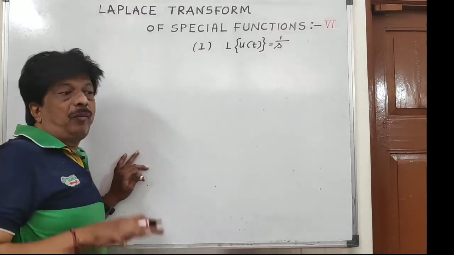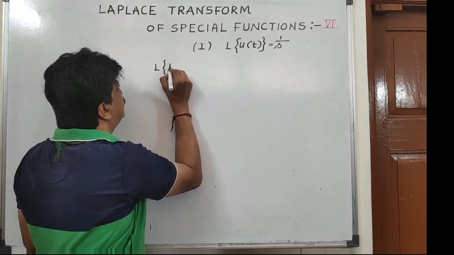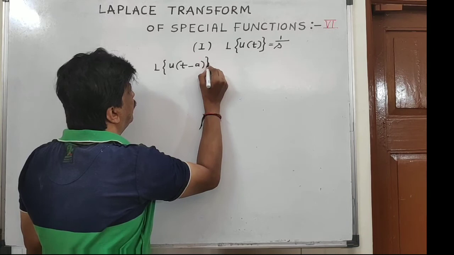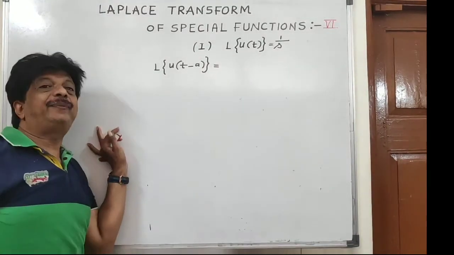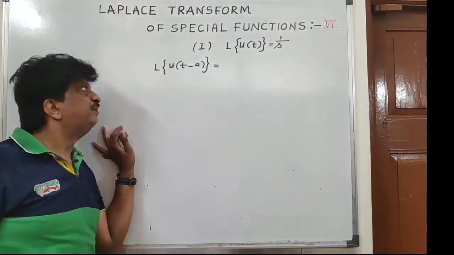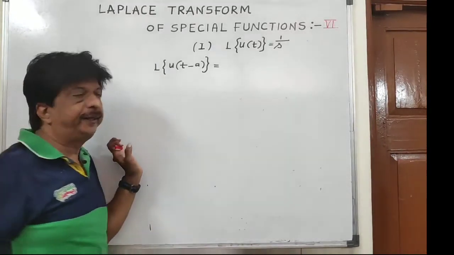Now what is the Laplace transform of u of t minus a? It is perhaps equal to e raised to power minus as upon s. How? Let us find it out.